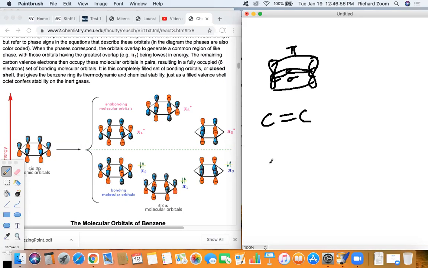Now I'm going to introduce some new information that should be semi-new, but might not be. I'm hoping that you've seen this before, but you might not have. There are two ways that we can arrange p orbitals to get a pi bond.